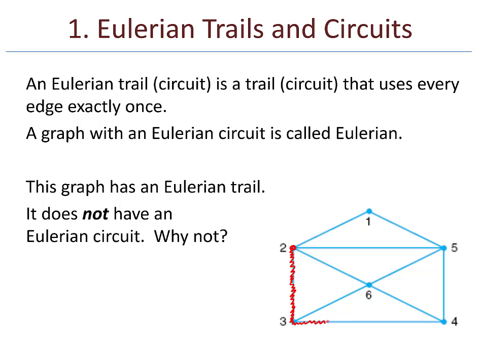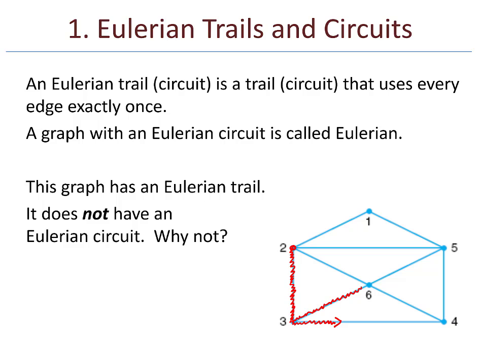Now we continue on our way, trying to make a circuit. But what has just happened here? Since it only had degree 3, I've already used up 2 of those edges. So the next time I visit vertex 3, and I have to visit vertex 3 again because there's this edge here that hasn't been used, eventually I have to use that edge, so I'll be coming in to vertex 3, and then I'm trapped.